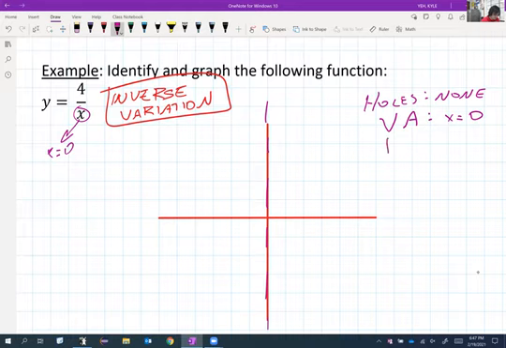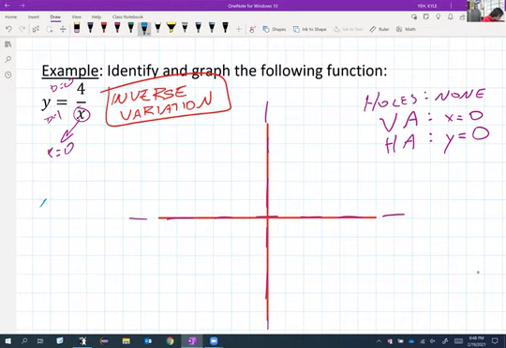Horizontal asymptote, if you remember, we look at the degrees on top and bottom. Degree on top is 0. There are no x's up there. Degree on bottom is 1. So greater on bottom means horizontal asymptote at y equals 0. And we kind of already knew that just from this being an inverse variation problem. We knew where those asymptotes would be.